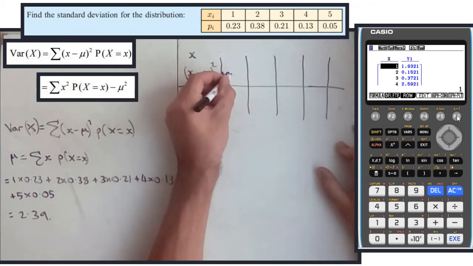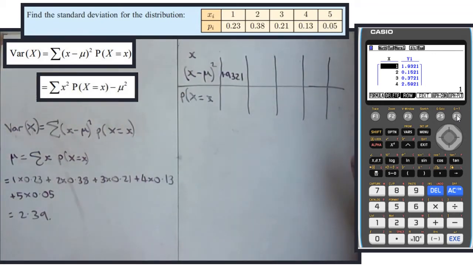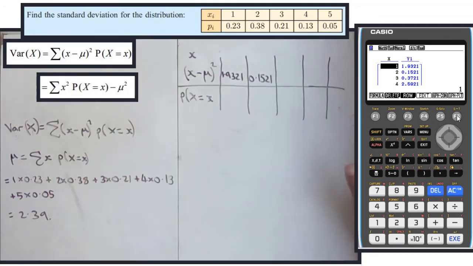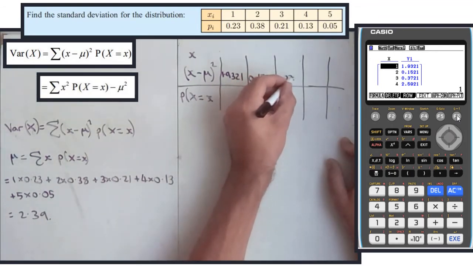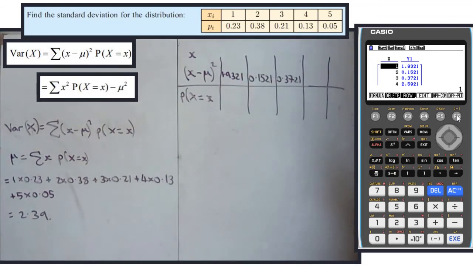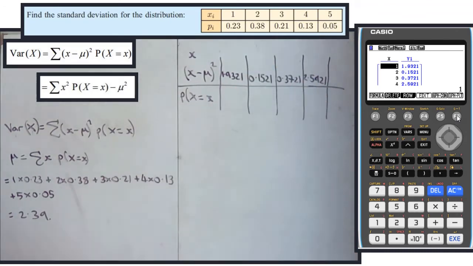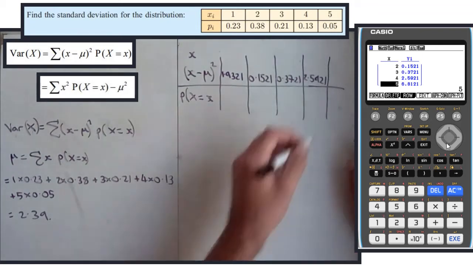So the first one is 1.9321, and then we have 0.1521, 0.3721, 2.5921, and when x is 5, x minus mu squared is 6.8121.